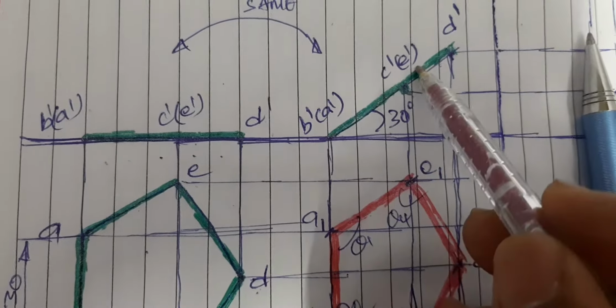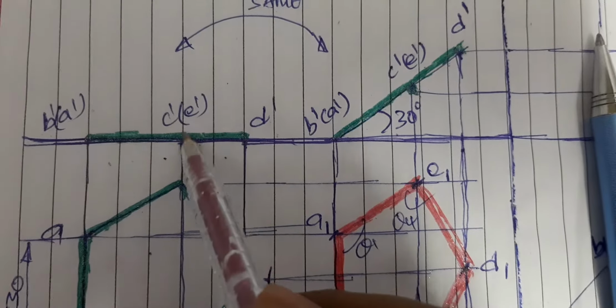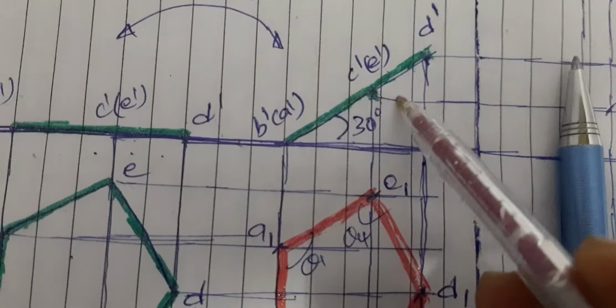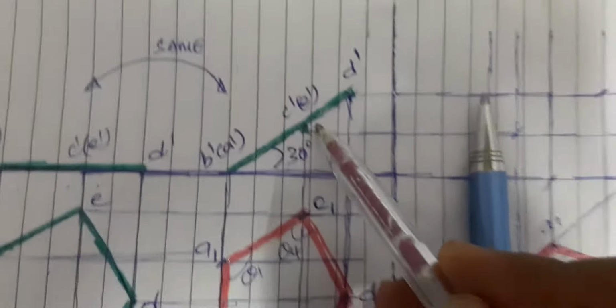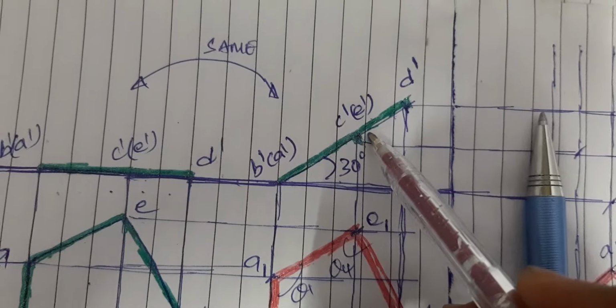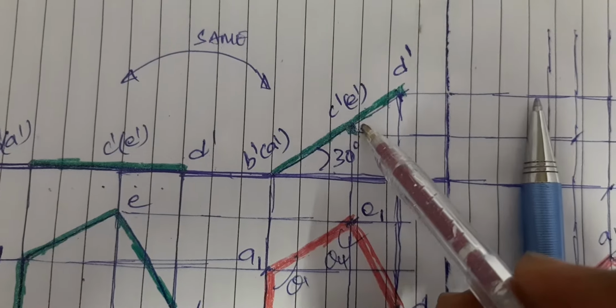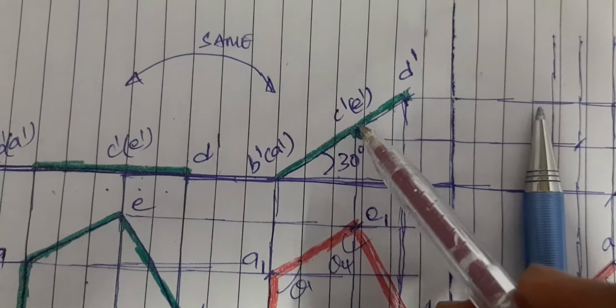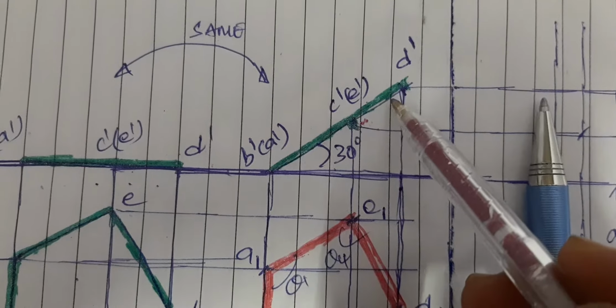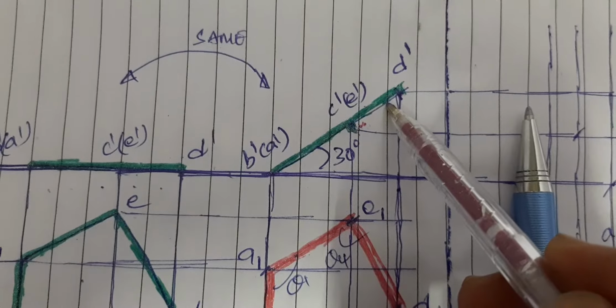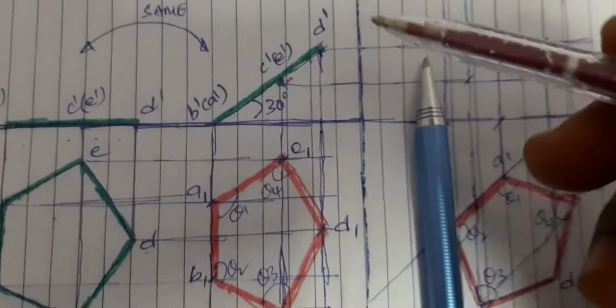After drawing this one, I just recopied all the names onto this front view. Now this is the front view when the plane is lying on the ground on one of its edges and its surface is making an angle of 30° with the horizontal plane. Got it? So now observe it.